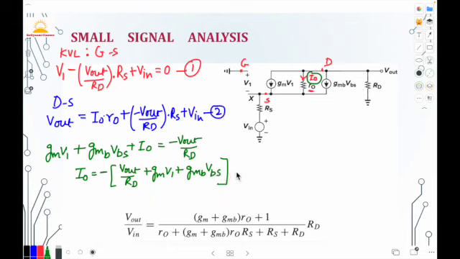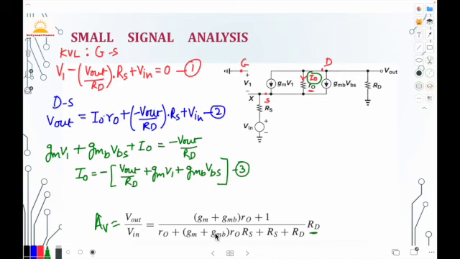So this is our equation 3. Now using equations 1, 2 and 3 and solving for the voltage gain, we get this voltage gain AV. It's not actually difficult. I am leaving this task to you to find the expression and verify it. Use equation 1 to find the value of V1, put it in equation 3, and then substitute the overall I naught expression in equation 2, and you will get this expression.